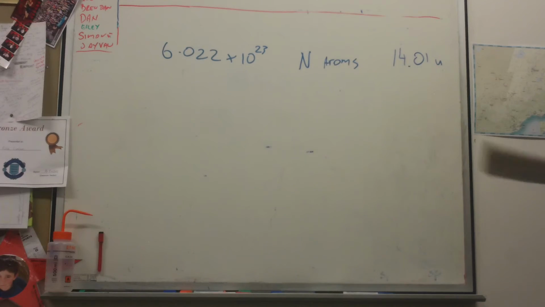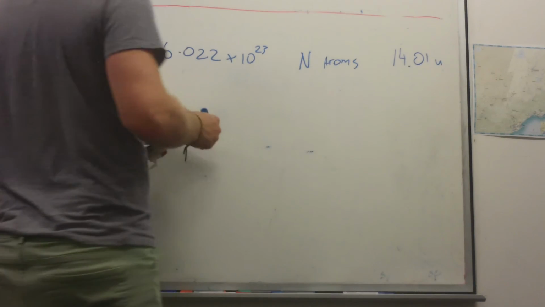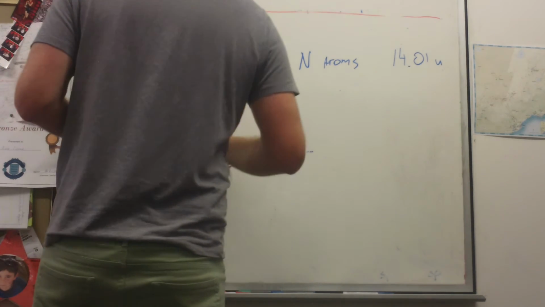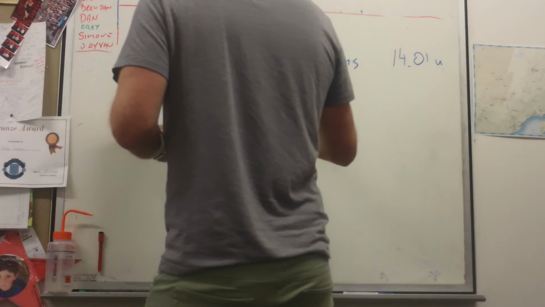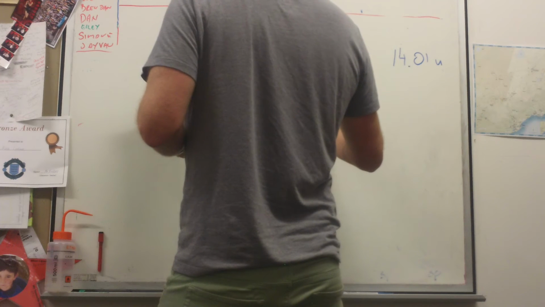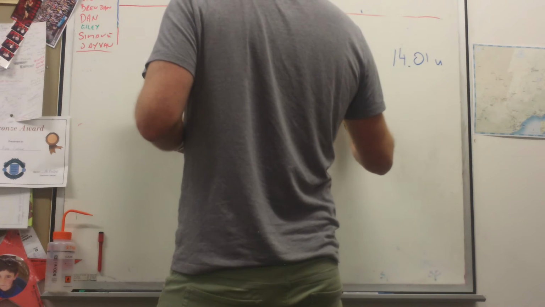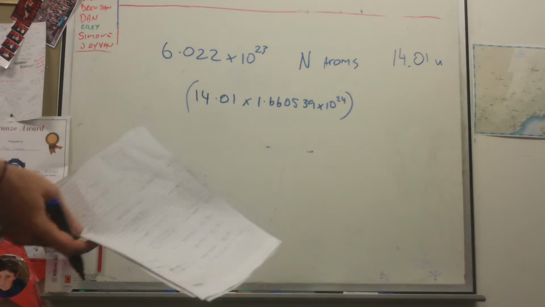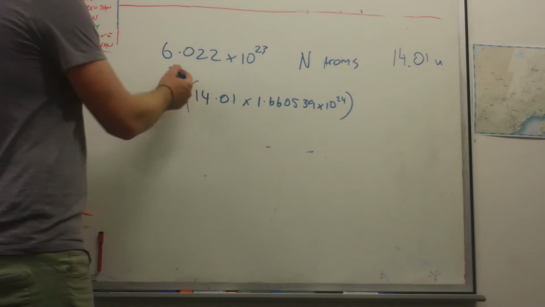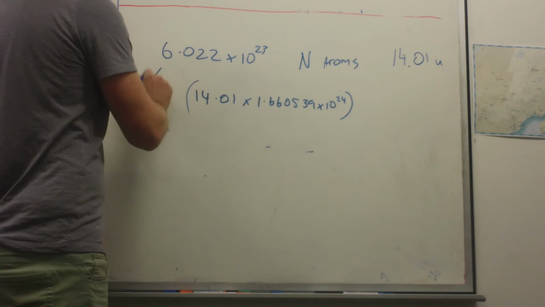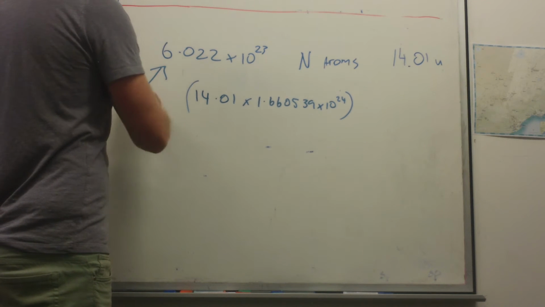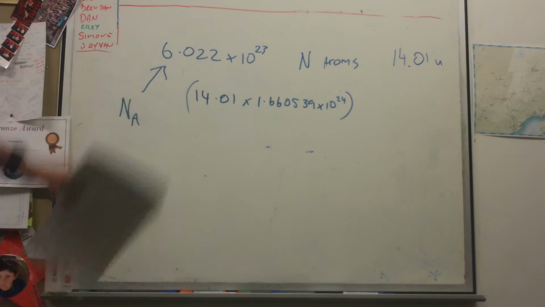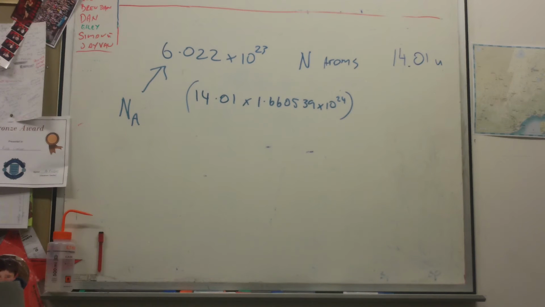So it's just like what we did before: our mass associated with it, 14.01, times 1.660539 times 10 to the negative 24. Same step that we decided before. In the last question though, we only had 1 atom. Here we have a very big number. This number is also sometimes called Na, or Avogadro's number, and becomes important when we deal with moles.